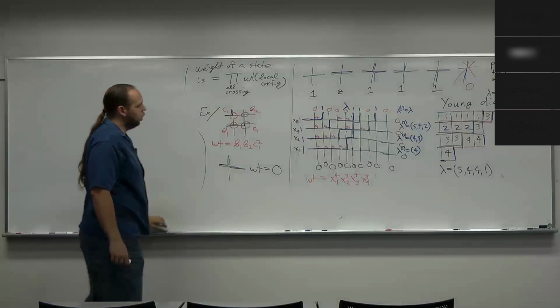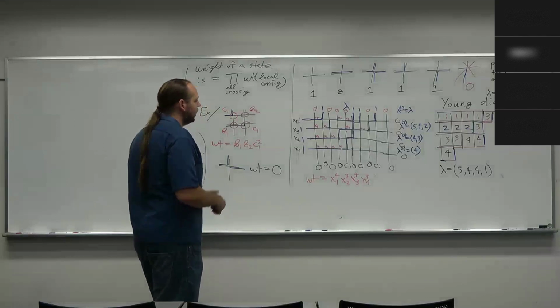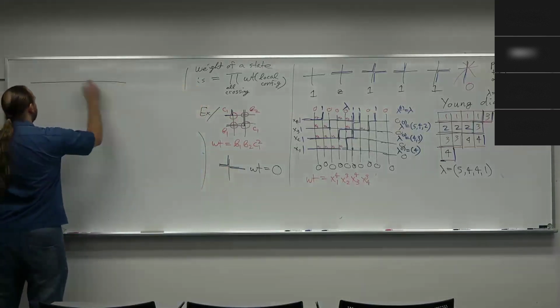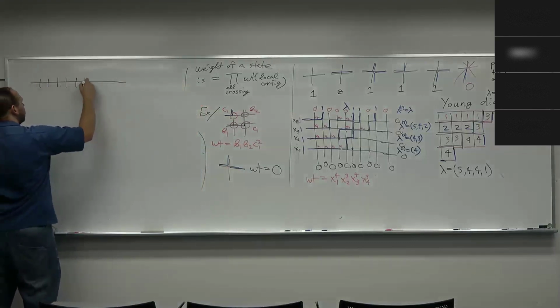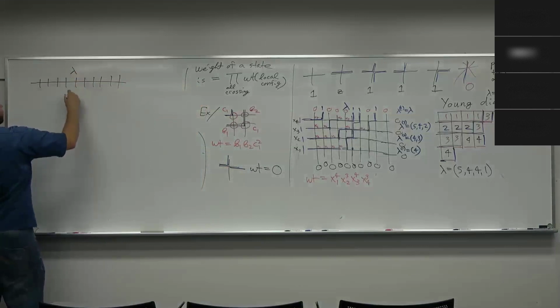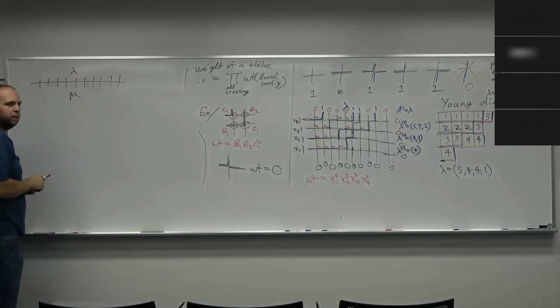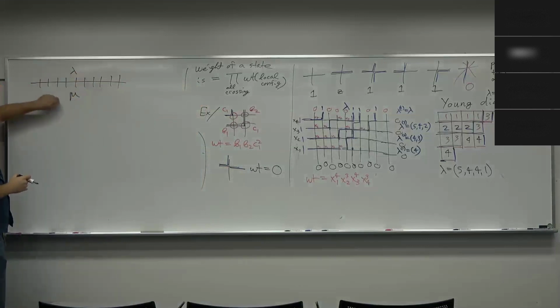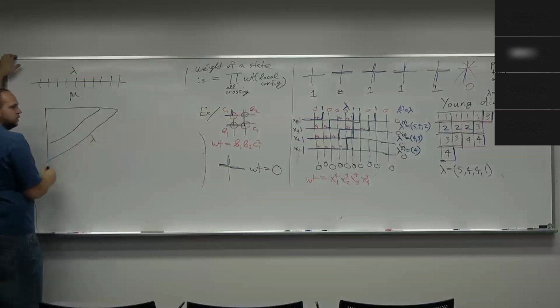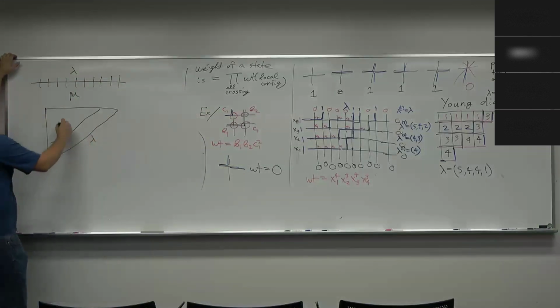And there's something that happens in general for a single row. So I take a single row of my diagram, and I have a configuration lambda and a configuration mu, and there's a Young diagram, and pictorially I have this bigger shape lambda and this smaller shape mu.